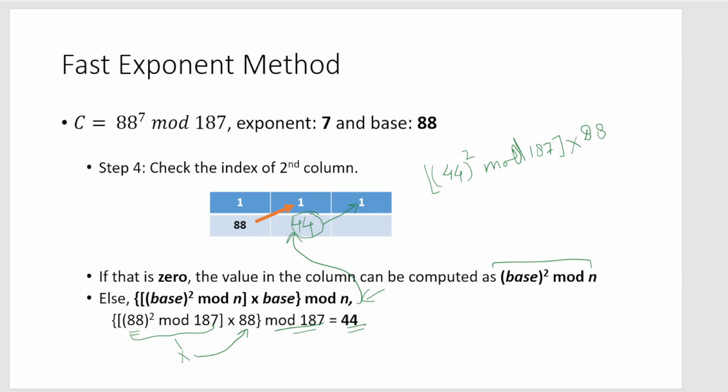You take this. This is the base of the system. This is called the base. You multiply it with 88, and then you take the mod with 187. So you will get a value called say 11. Okay, so this value comes out to be 11.